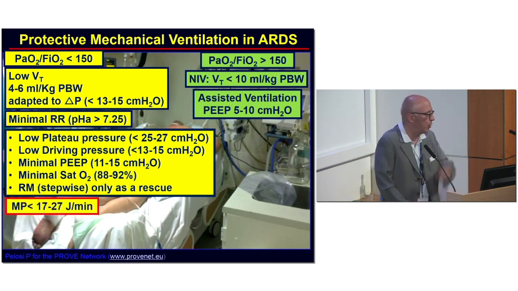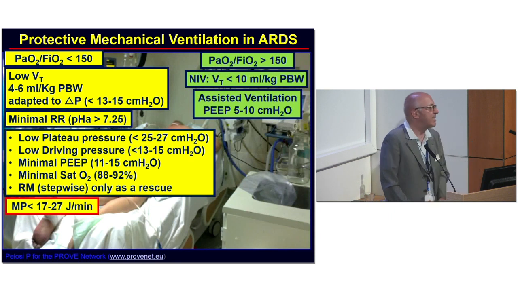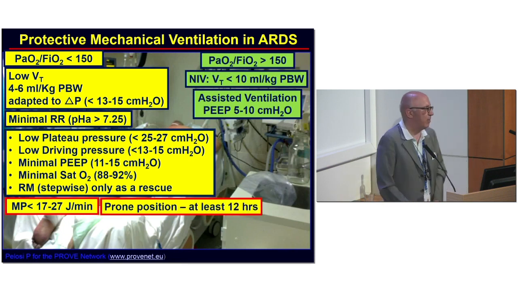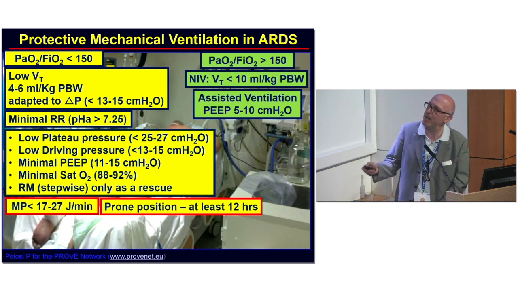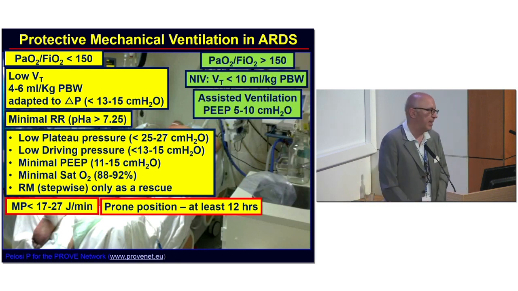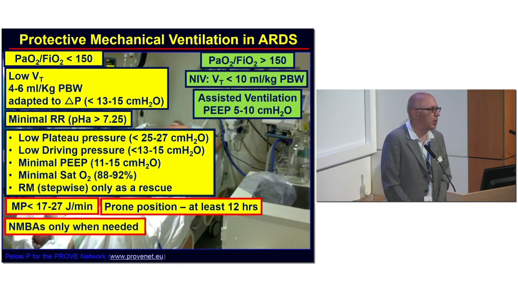Mechanical power, as I show you below, 27 in more severe RDS, and if higher, we start to think about ECMO. Prone position always in these patients, for at least 12 hours a day. Neuromuscular blockade agents, not mandatory.